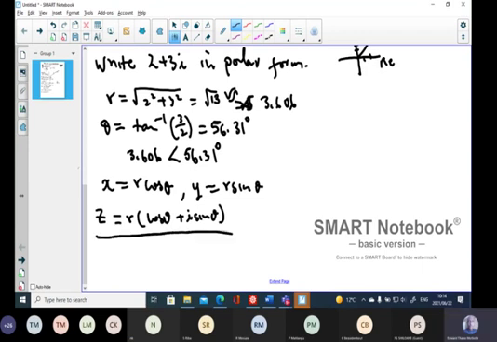So this is our complex number. In polar form, some students usually write it in this form, which is still allowed. It's still in polar form, or you can write it directly in that form.